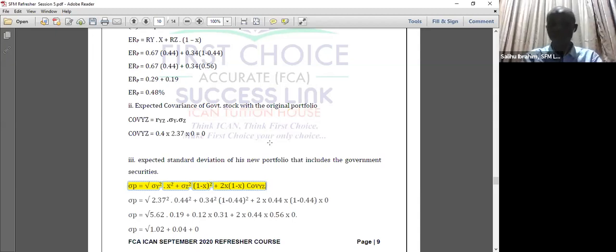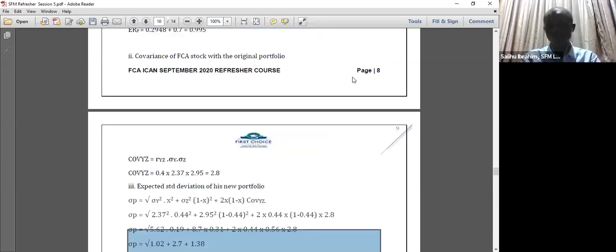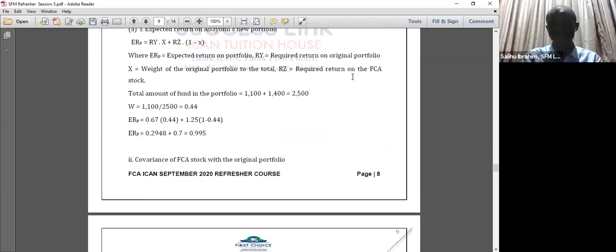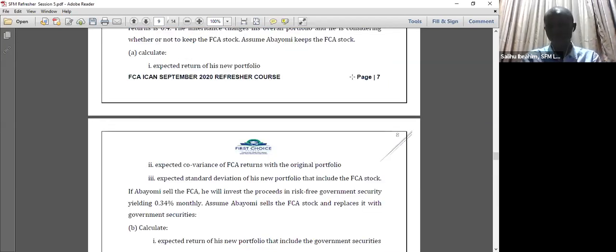We are going to explain that formula when we come to that particular question. So that's how to measure that. That's what you need to use when measuring the standard deviation, the riskiness of a portfolio.